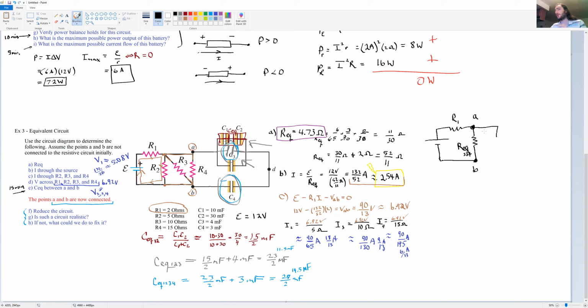We can reduce those two with C3. They're in parallel. And we can reduce those three with C4, which is... actually, I'm looking at this again, and I connected these three with this one in parallel, and that was a mistake.